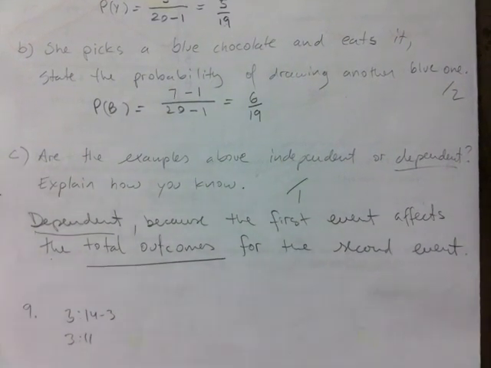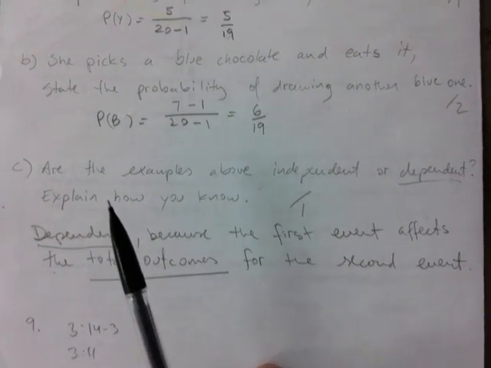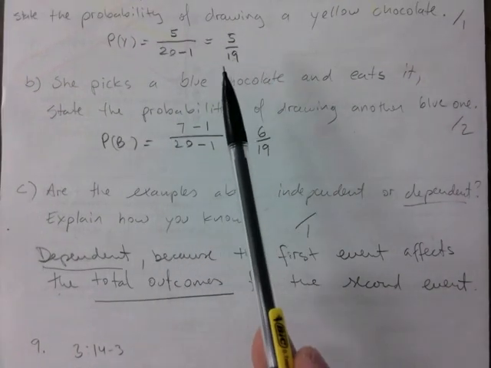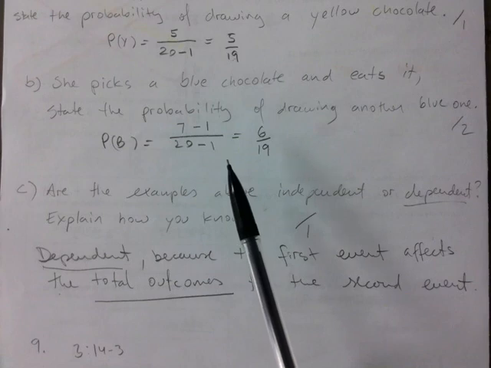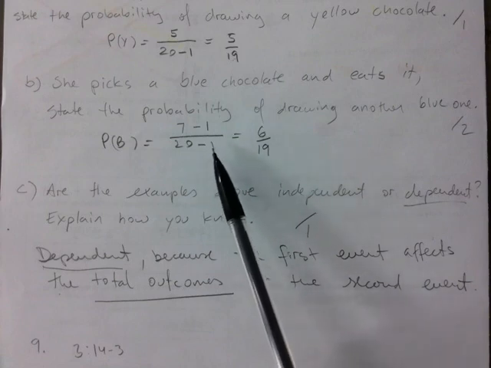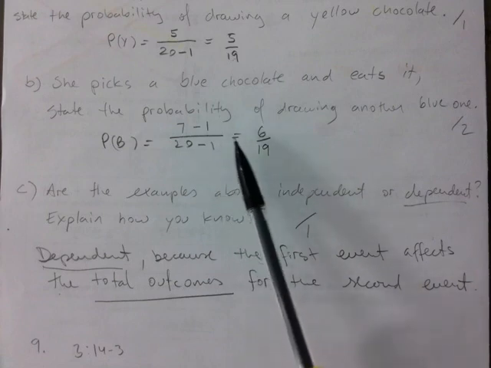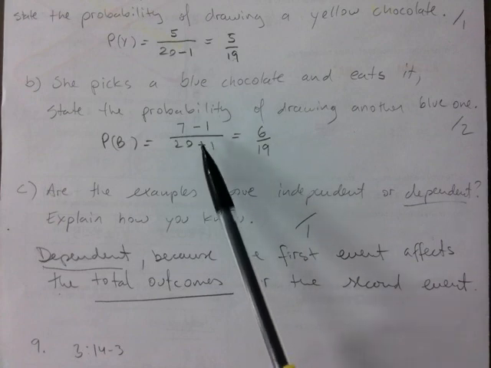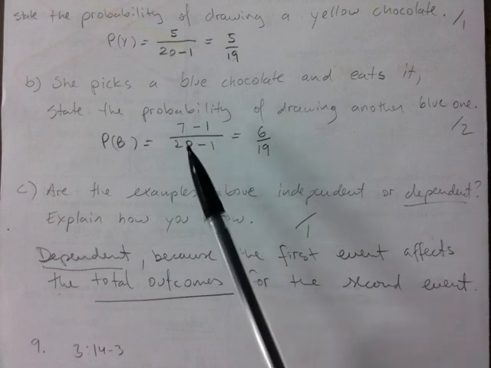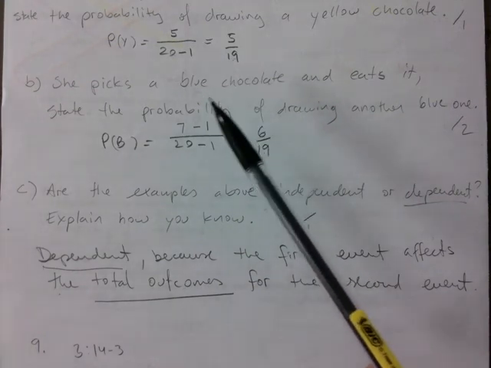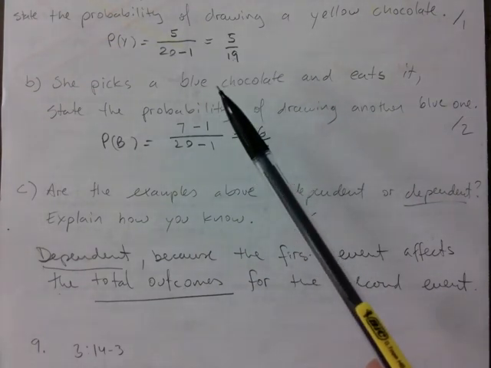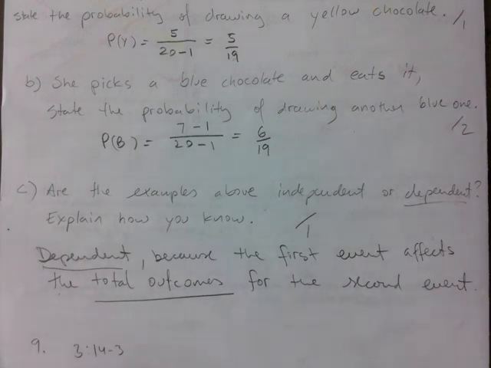And this was interesting to me. A lot of you said that the first one is independent and the second one is dependent. And I think why you said that is because, hey, look, it affected both numbers. The fact of the matter is, if anything changes, it's dependent. Like if the first event affects the second one at all, if you remove something, don't replace it, it's dependent, okay, guys?